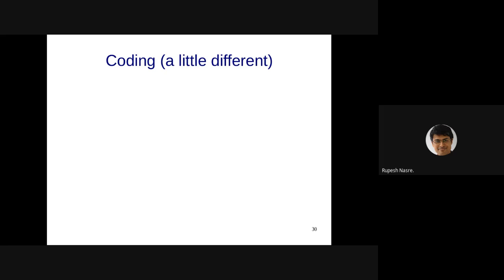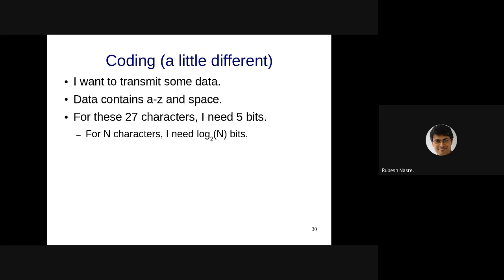Okay, so let's look at coding, right? And coding this time is a little different from what we usually understand by coding. We are going to look at codes rather. So I want to transmit some data over, let's say, a network or a wire. The data contains the alphabets A to Z and space. And for these 27 characters, I obviously need 5 bits, because 2 to the power 5 is 32.